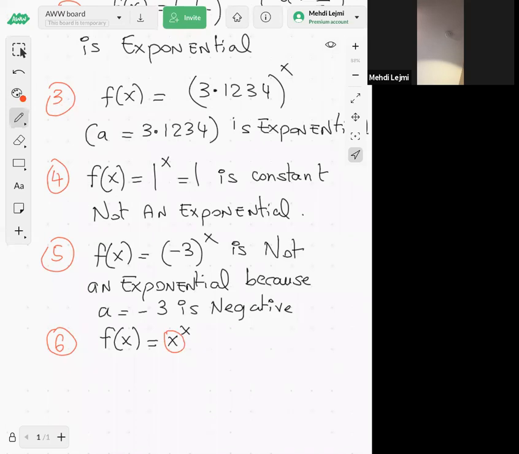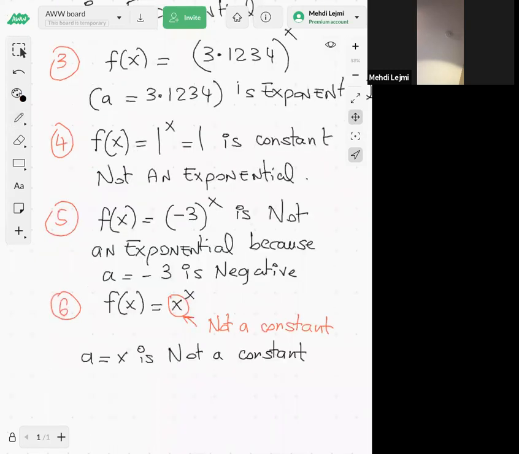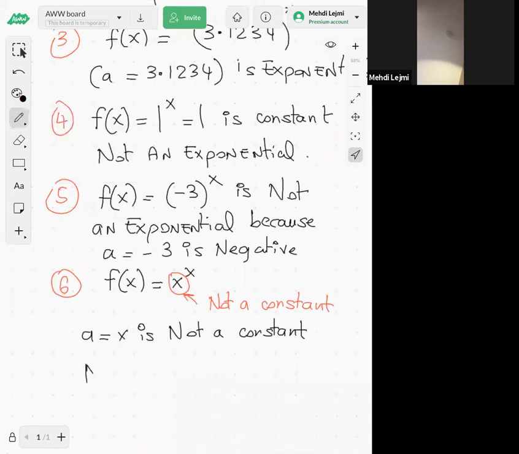X is a variable, your input. X varies, so it's not constant. So this function x to the power x is not an exponential function.